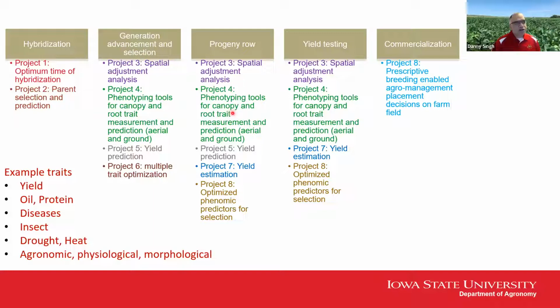This is not an exhaustive list, but gives you an idea of some of the types of projects that we have ongoing, trying particularly to improve different traits that we work on, including yield and then heat and drought tolerance. And I'll give just brief examples of some of those recent papers that have come out from our group.